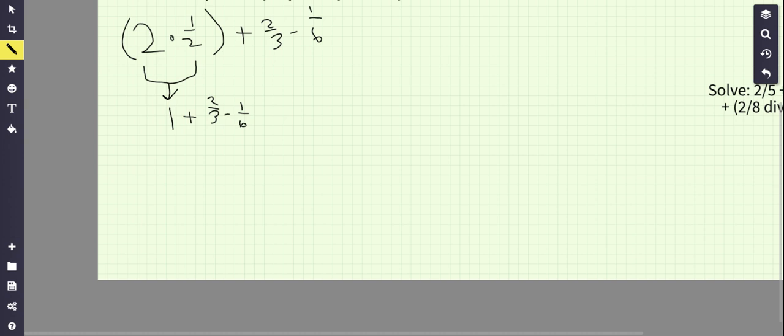But between addition and multiplication, do multiplication first. You can only go left to right with multiplication and division together, or addition and subtraction together.